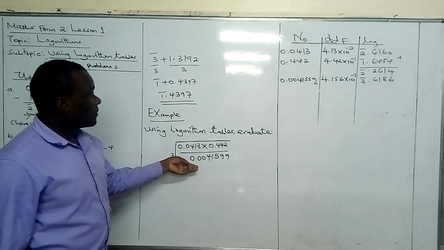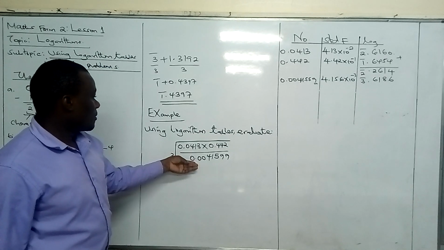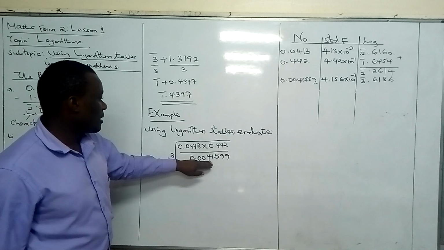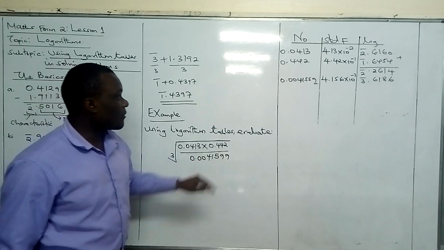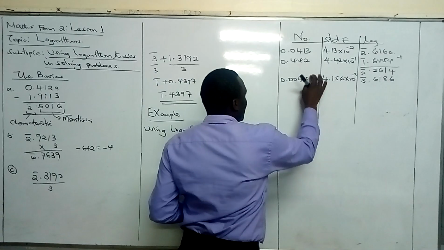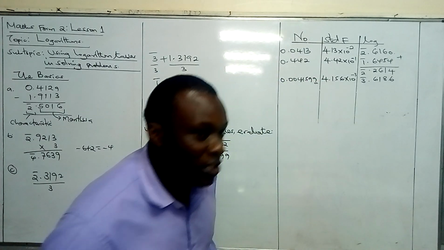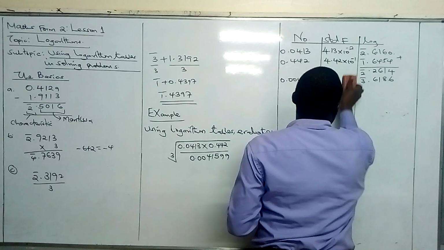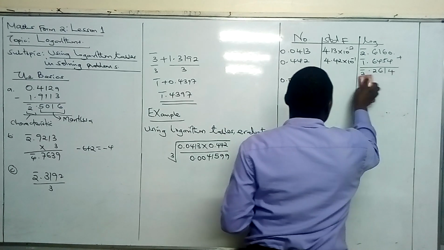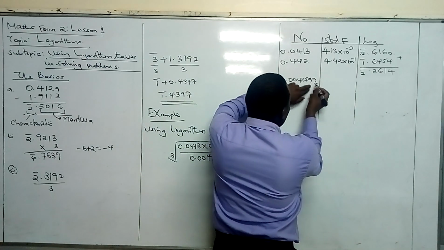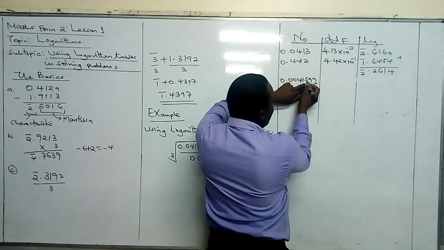Here we have 0.04150. Oh, I've seen, this is 9. So if this one is 9, then it will change everything here. So when we round off, this 9 will affect this other 9 by 1, so it becomes 6.